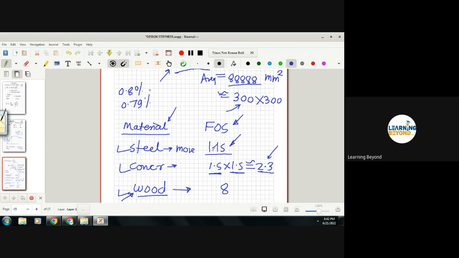Now, do you know the minimum percentage of steel in a column given by the Indian code is 0.8%, and in the British code it is only 0.4%? Do you know this? So you will say, then British people are designing unsafe, or we are overdesigning?